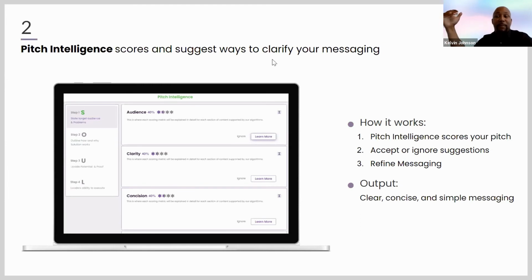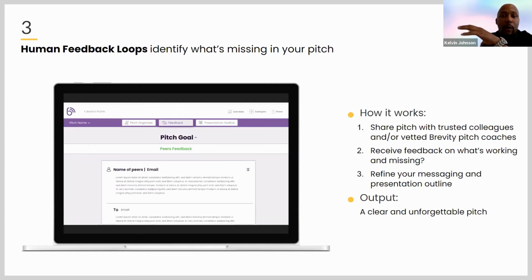Like simplification of messaging, when we say not communicating in layman's terms, well, pitch intelligence solves that issue here. Every time we highlight a feature, we try to explicitly communicate the problem that's being solved.